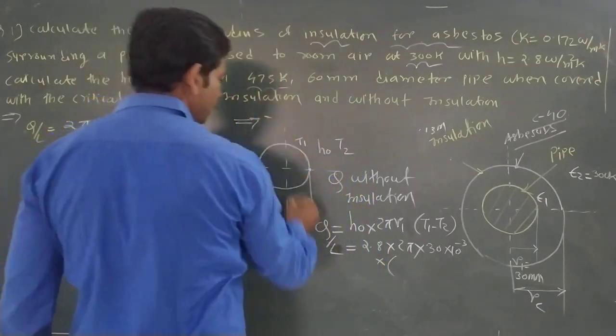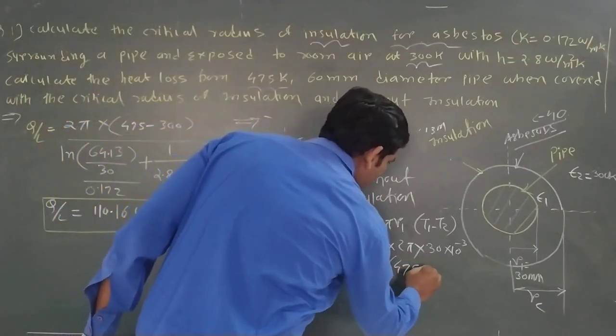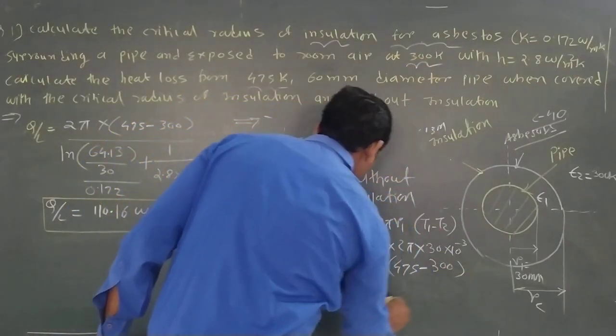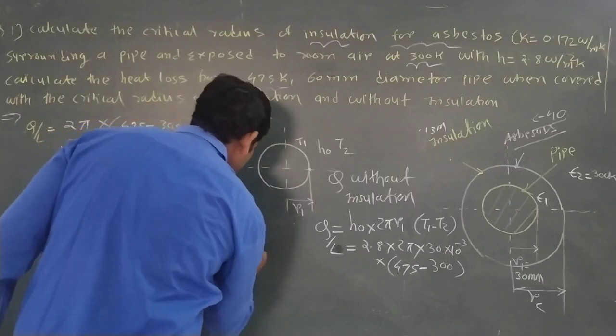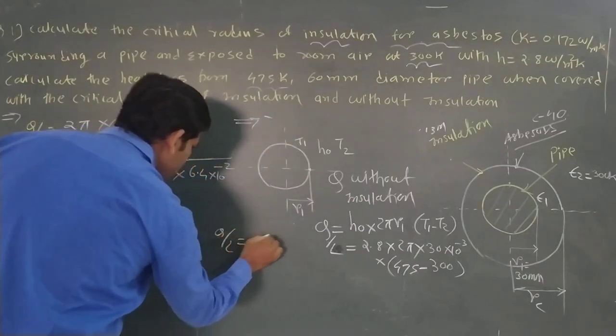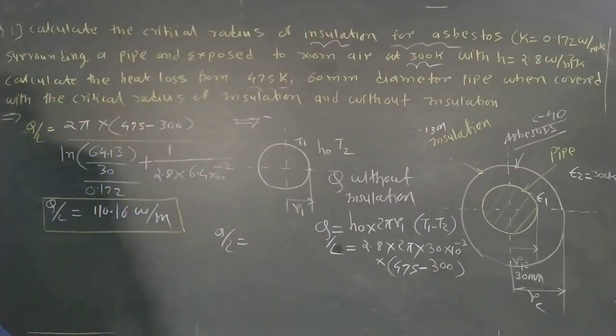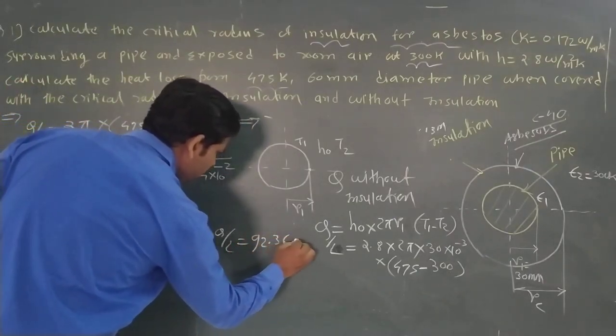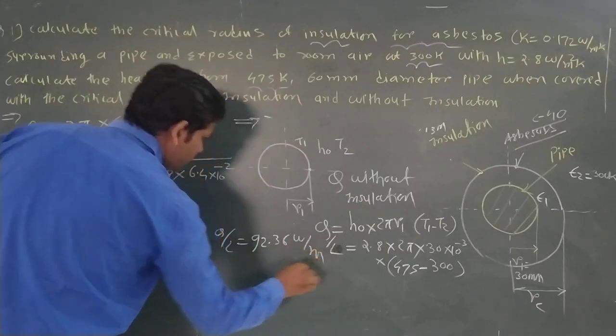T1 is how much? 475 minus T2, which is 300. So determine this value Q by L. Do the calculation. What is the answer? The answer is 92.36 watt per meter.